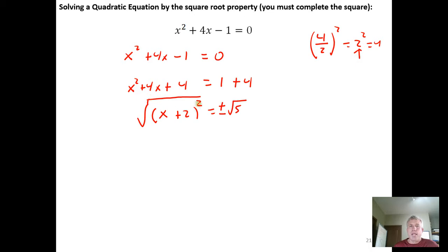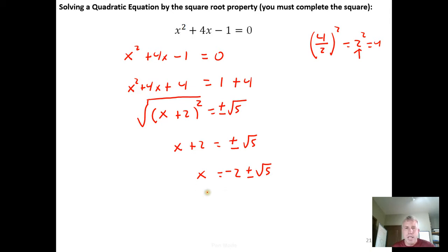The square root cancels the squaring, leaving me with an x plus 2 equal to plus or minus the square root of 5. And then I need to subtract this 2 from both sides. So I'm going to get x equals negative 2 plus or minus the square root of 5. And those are the 2 solutions.